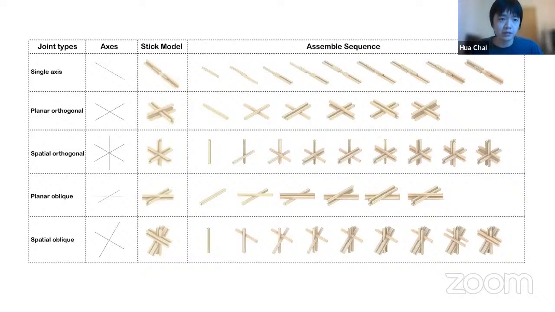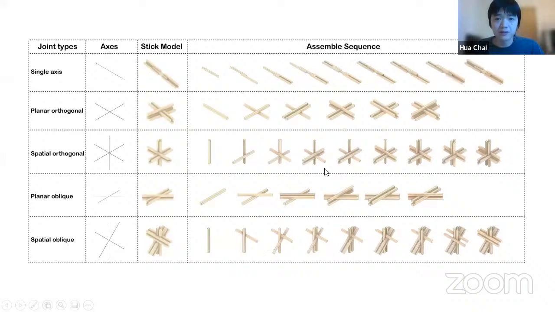So we first made a topological study on the different combinations, from single axis to planar orthogonal, spatial orthogonal, planar oblique, and spatial oblique.